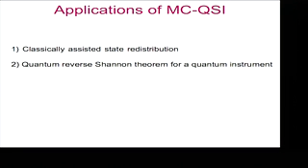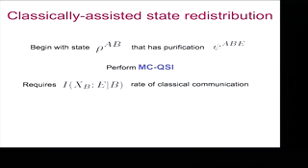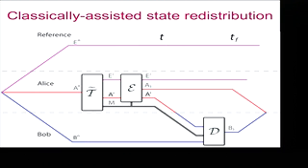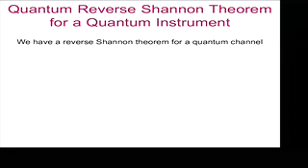So I'll talk about the second application of this measurement compression with quantum side information protocol. It's a new quantum reverse Shannon theorem for an instrument. Okay, so we'll skip over this. We have a reverse Shannon theorem for channels, which was done by 2 different groups over different time scales. The idea of the reverse Shannon theorem is you want to use quantum communication and, say, entanglement to simulate a channel.